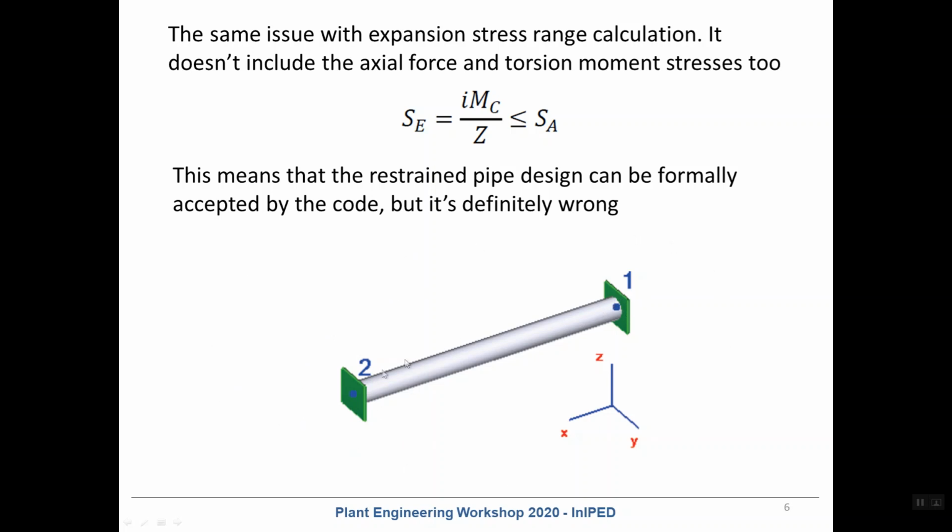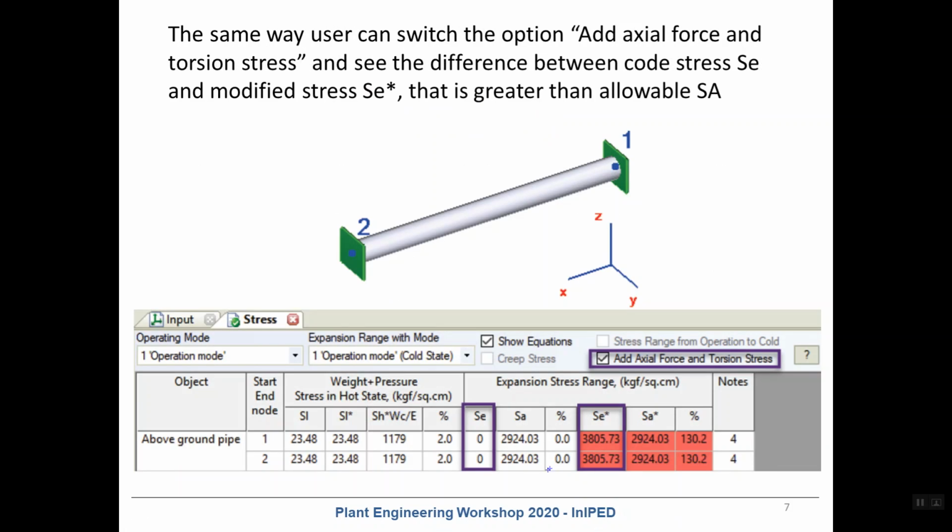So if you create a design like this, a pipe that is restrained between two anchors, the code stress will be 0, because the bending moment is 0 in this model. But the real stress range will be huge and it will be greater than allowable because of the very high axial force.